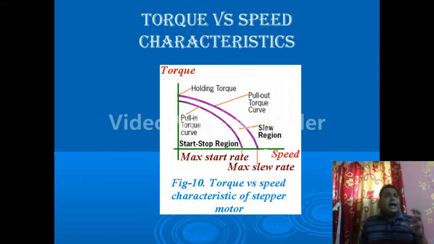A very high force is generated over the rotor, and due to that force, when the rotor starts rotating in steps, the torque value is definitely going to decrease. That's why with the increasing speed, the torque is going to decrease.